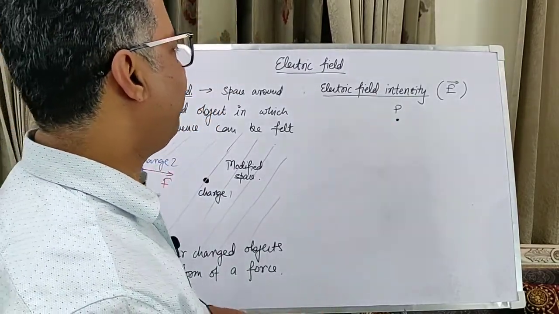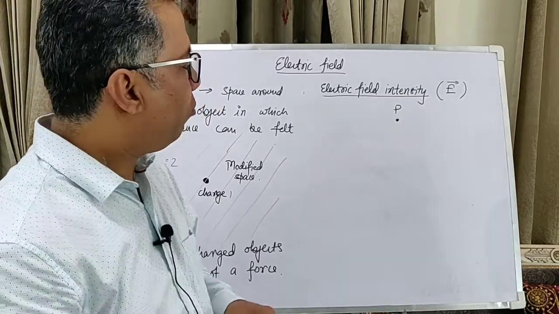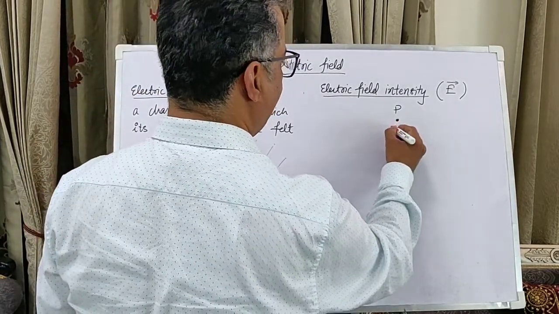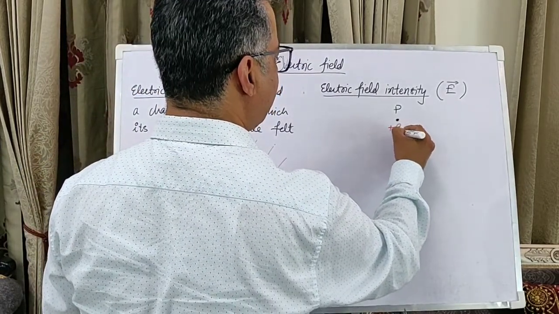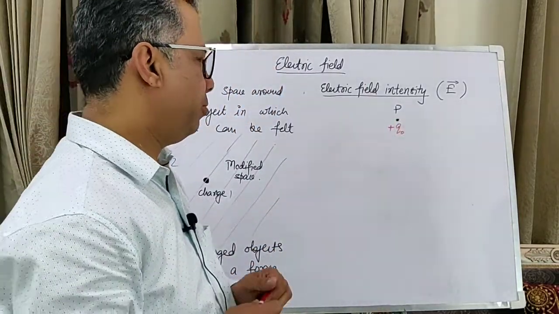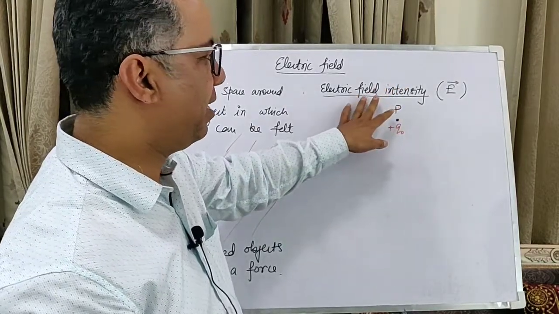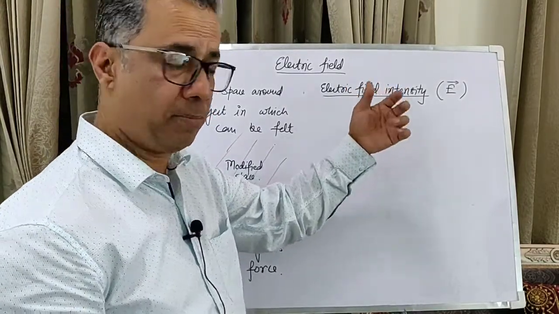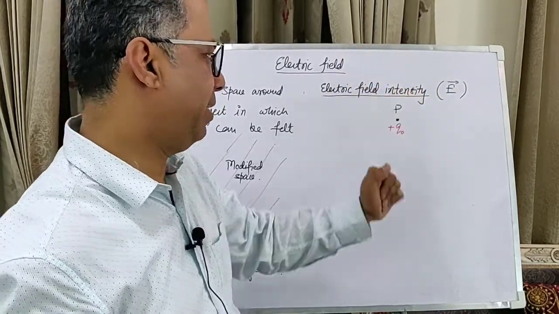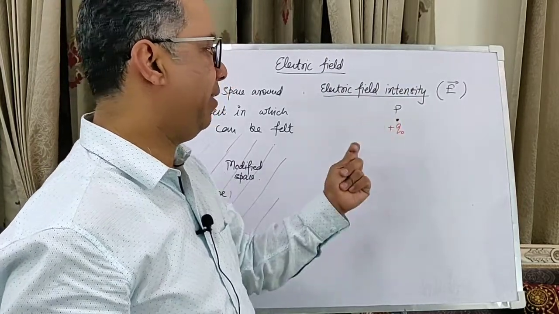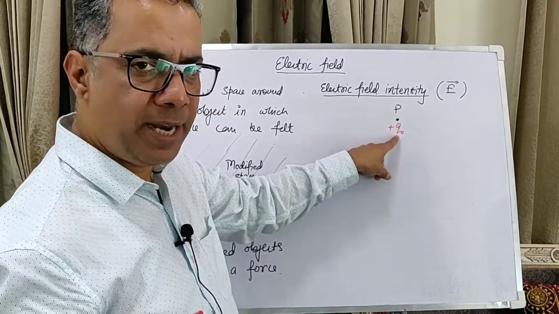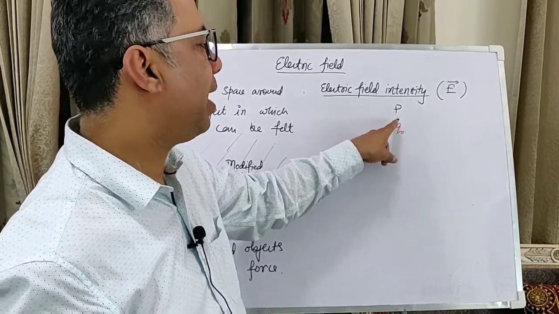Now, to work out the electric field intensity at point P, what we have to do is bring a positive test charge Q0 and place it at point P. So to measure the electric field intensity, or electric field strength, some people call it electric field strength, mostly electric field intensity, we brought a test charge, plus Q0, at this point.